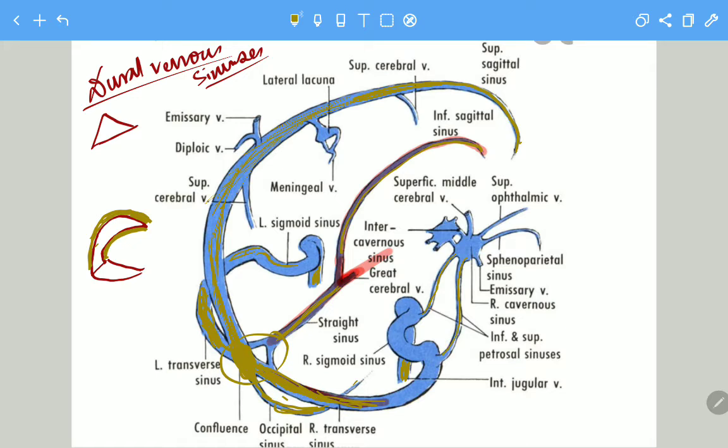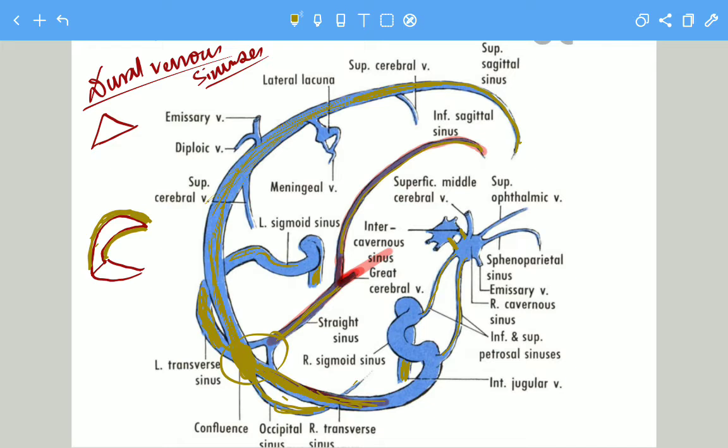The two cavernous sinuses are connected on both sides by the intercavernous sinus that lies anterior and posterior to the hypophysis, forming the venous circle around it.